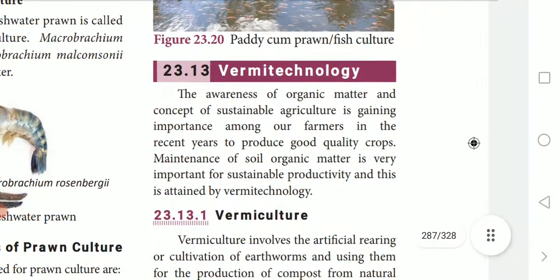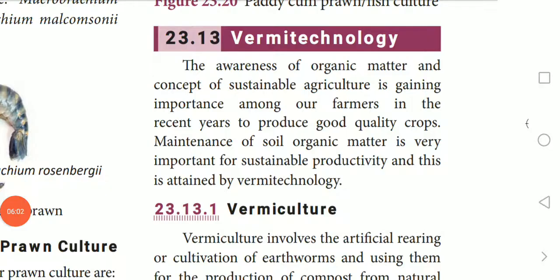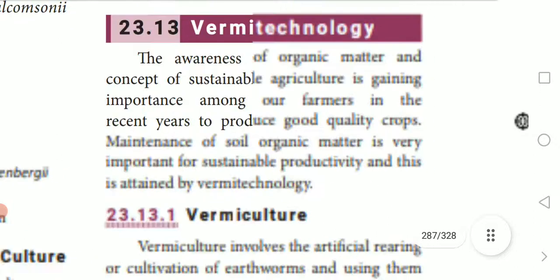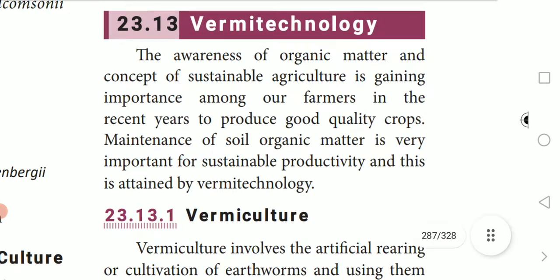Vermi technology. What is vermi technology? Awareness of organic matter and the concept of sustainable agriculture is gaining importance among our farmers in recent years to produce good quality crops. So with the help of organic matter, they produce good quality crops.